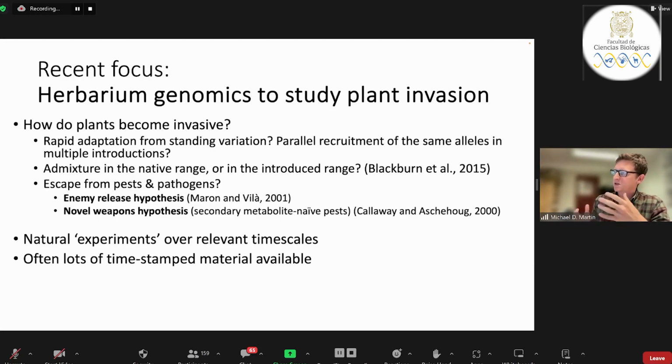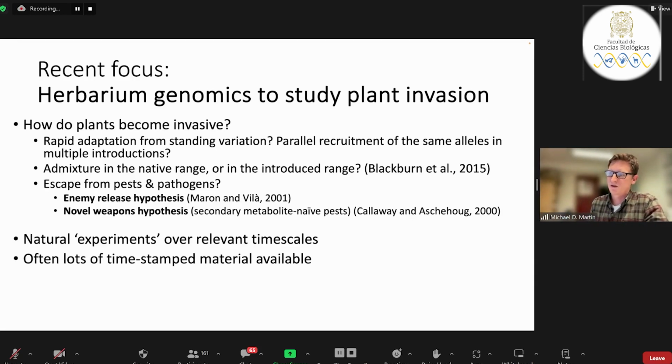And it has been suggested that this process is happening in parallel. Whenever a plant species is introduced to multiple locations, the hypothesis is that the same genes can be used in parallel in multiple locations to produce the same invasive phenotypes.